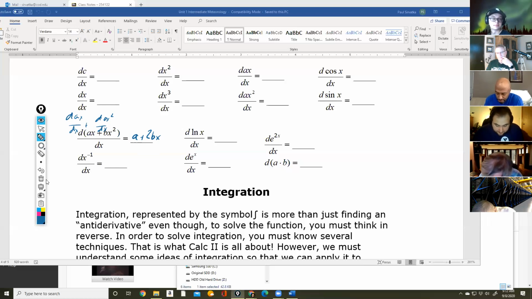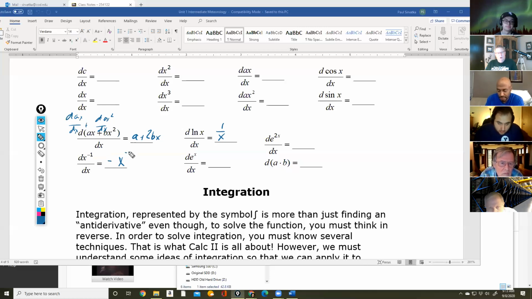Now what's the derivative of the natural log of x? 1 over x. What's the derivative of x to the minus first? Minus 1 over x squared.